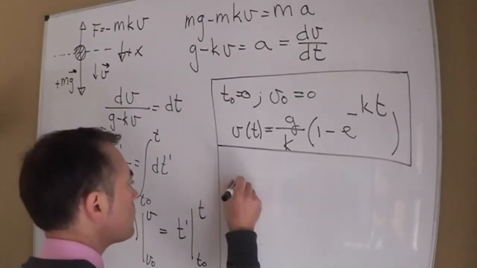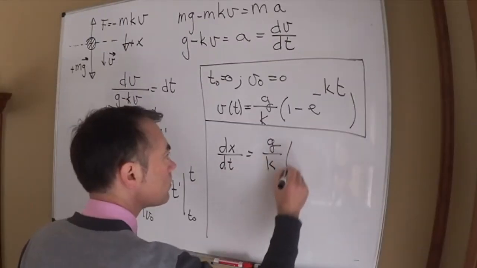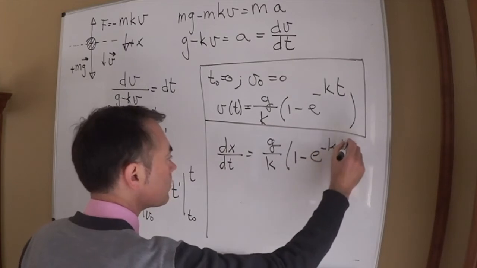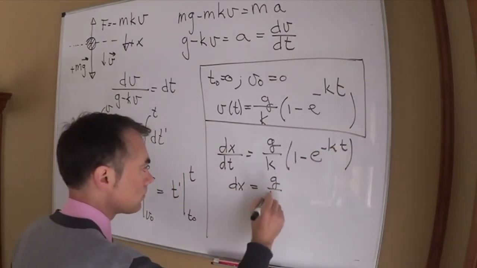Now I can continue and write the velocity as dx/dt. Separate variables again and integrate.